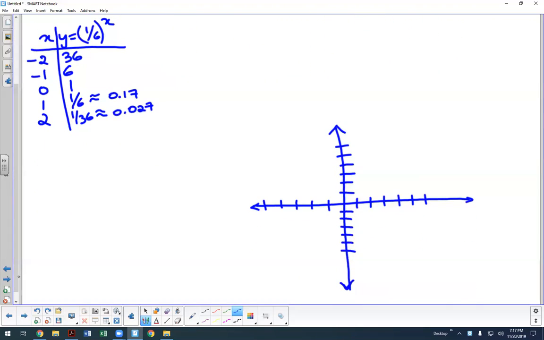So let's go ahead and do a graph for the exponential again. This will be at 0, 1, -1, 6, and then we're getting closer to 0 here.